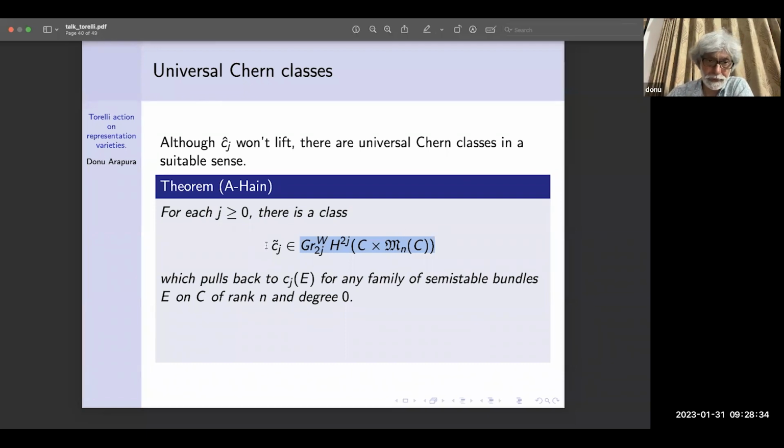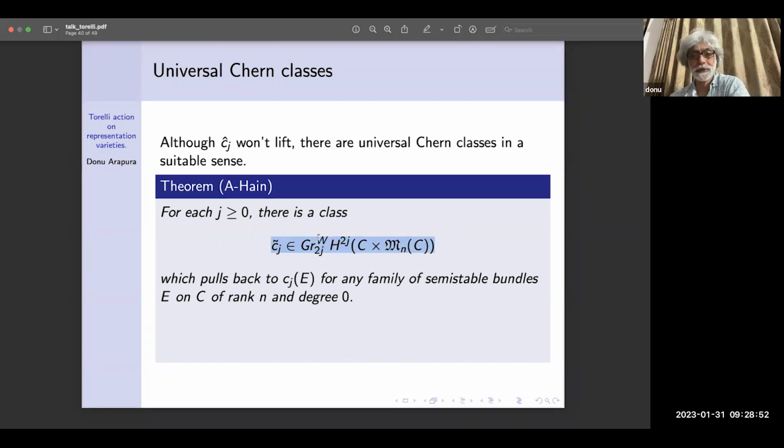I guess I should have written this, but I'll say it. In fact, for each J there is a Hodge class, because we have a pure Hodge structure.